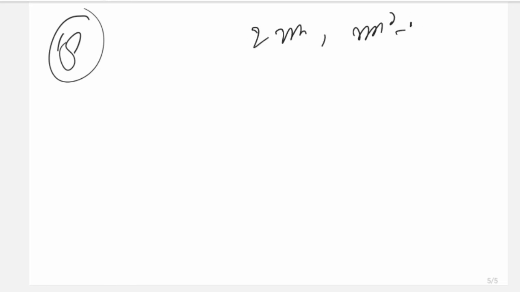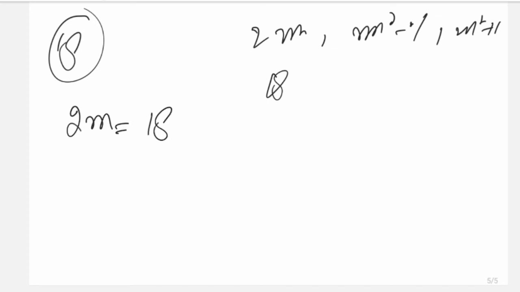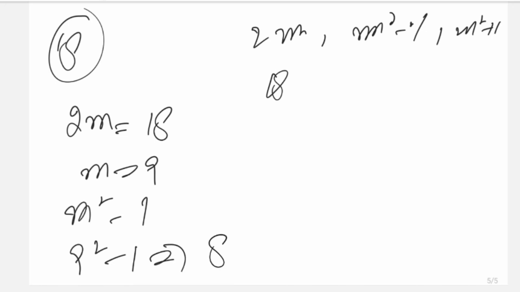And the last one is 18. So 18, 2m, m square minus 1, m square plus 1. So 2m is equal to 18, m is equal to 9, and m square minus 1, 9 square minus 1, will be equal to 81 minus 1, that will be equal to 80.